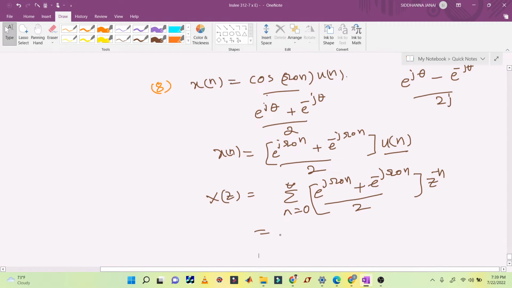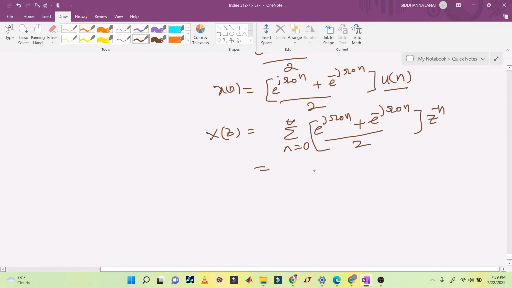Now after this, what we get is 1 by 2 we can take outside: summation n is equal to 0 to infinity e to the power j omega naught n z to the power minus n plus summation n is equal to 0 to infinity e to the power minus j omega naught n z to the power minus n.